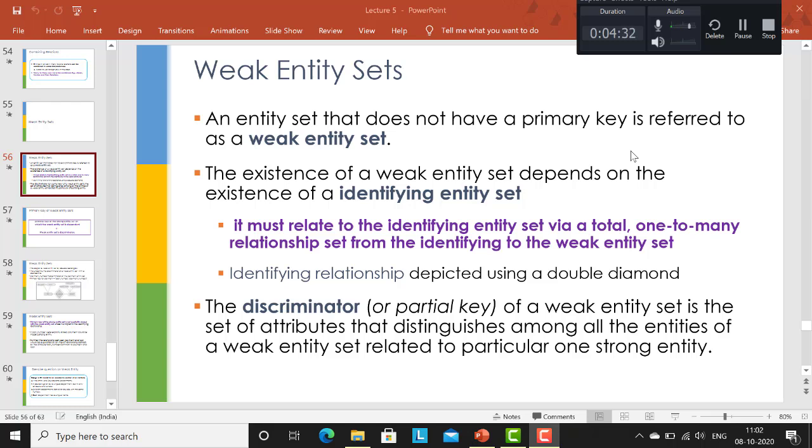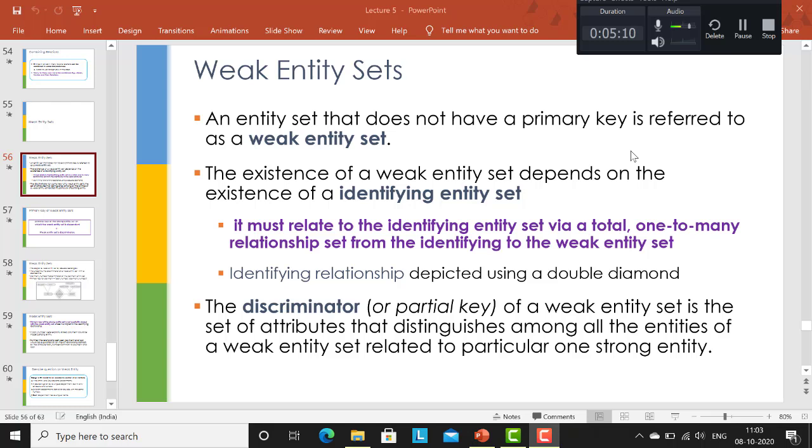That was the concept of a weak entity. Now, when it comes to identifying a weak entity, we have the concept of a discriminator. A discriminator, or partial key, of a weak entity set is the set of attributes that distinguishes among all entities of the weak entity set. For example, going back to coaches and train numbers, let's say you have train number 2022.